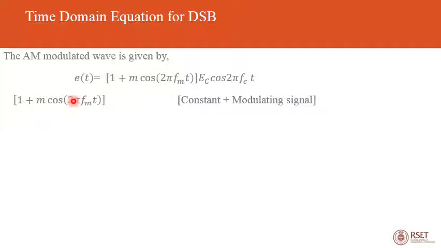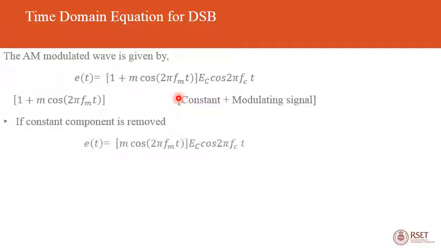In the case of double sideband, if you remove this constant value, then the modulated wave becomes m cos 2 pi fm t into Ec cos 2 pi fc t.